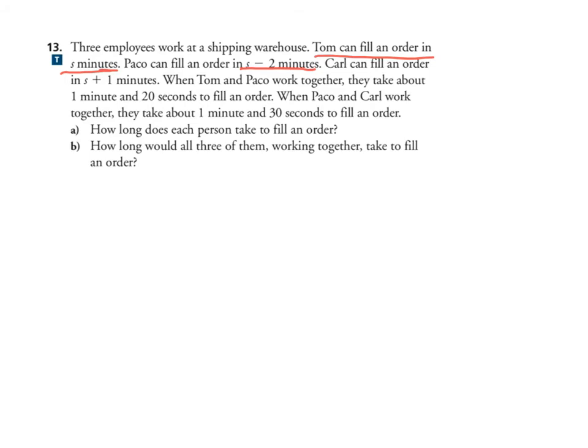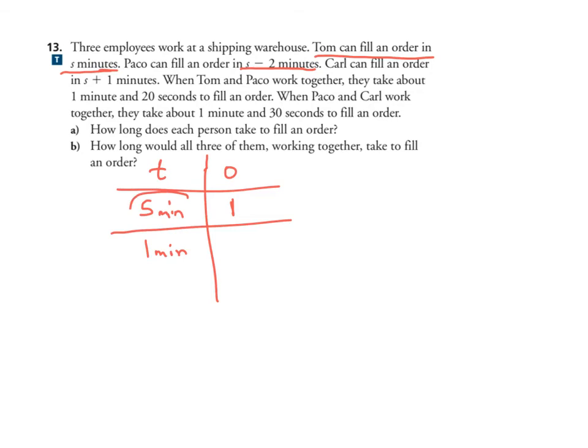So you have to think of it this way. Let's say I can do an order in 5 minutes. So this is the amount of time it takes me, and I could do 1 order, the number of orders. Well, that means if you only give me 1 minute, I can only do 1/5.